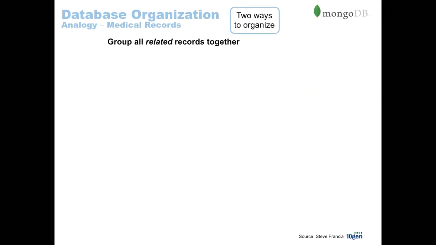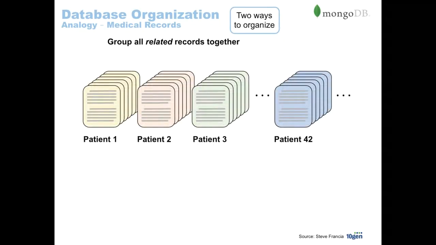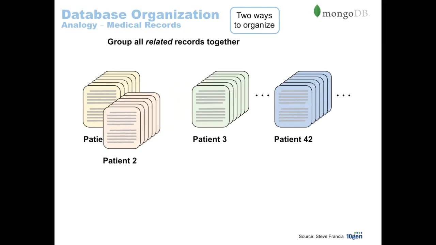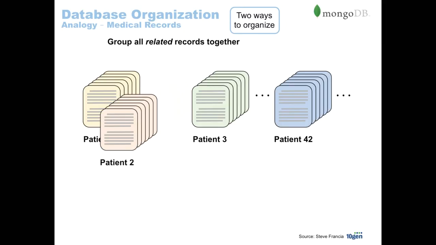Another approach is you group all related records together. So you have patient 1, patient 1's records for 2, 3, 42, and so on. And then when you need information about patient 2, you just grab that set of records.